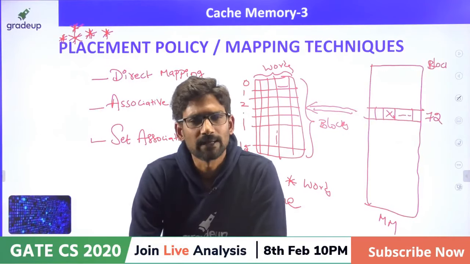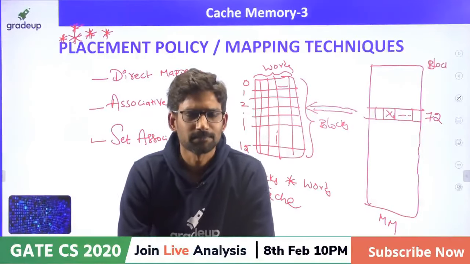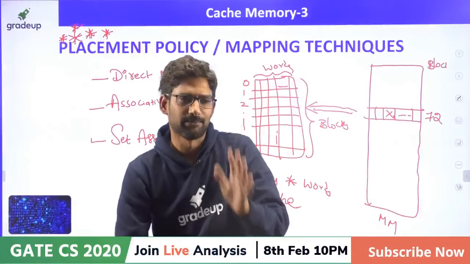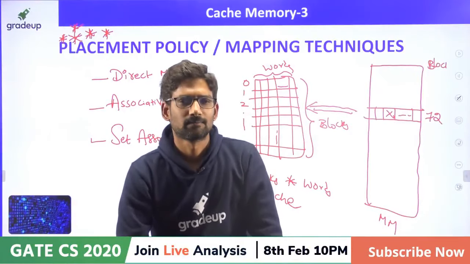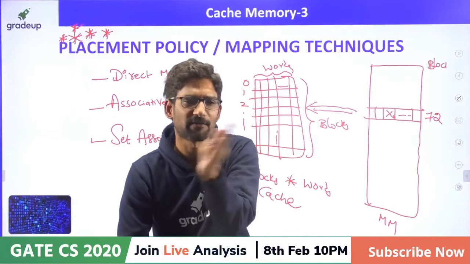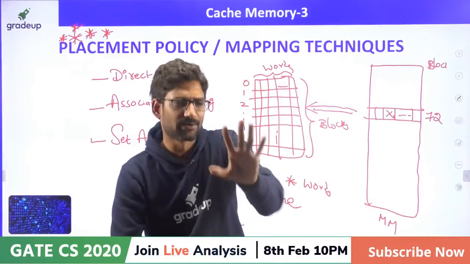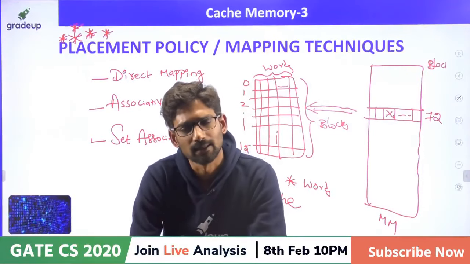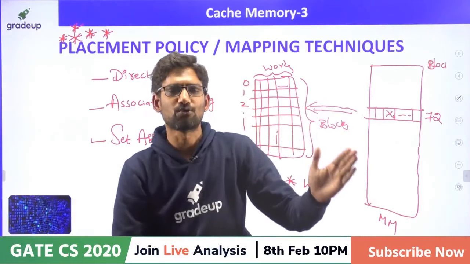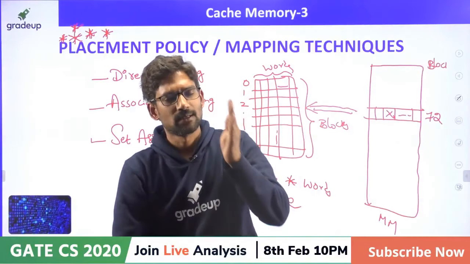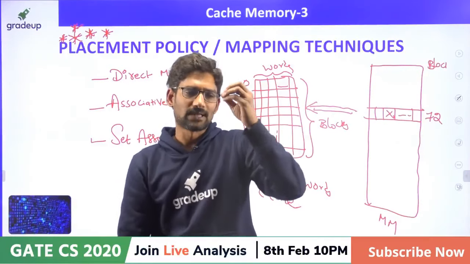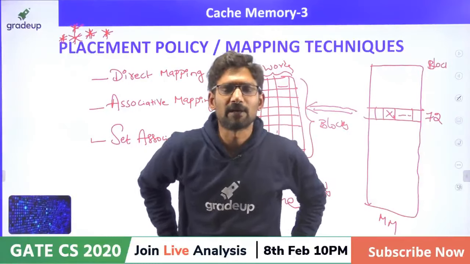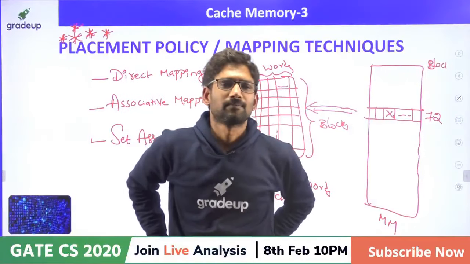Now, for 86 being AIR 1, if you need to be under 100, don't think of under 500 also, if you want the top 100 AIR, then how many marks should you score minimum? Guys, just aim for 75 marks minimum.